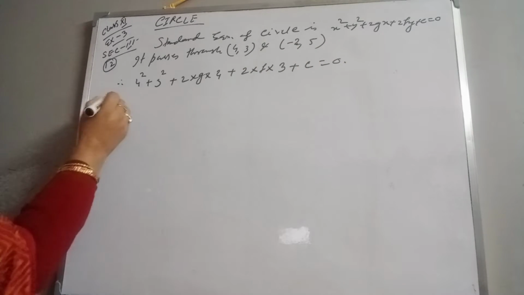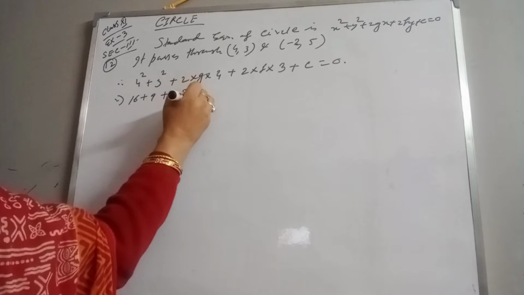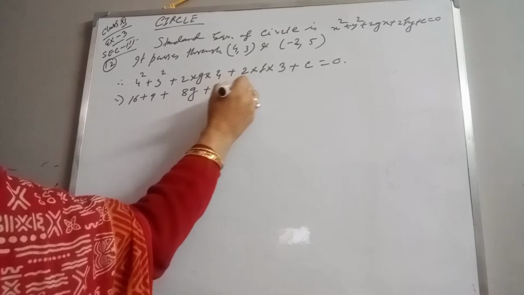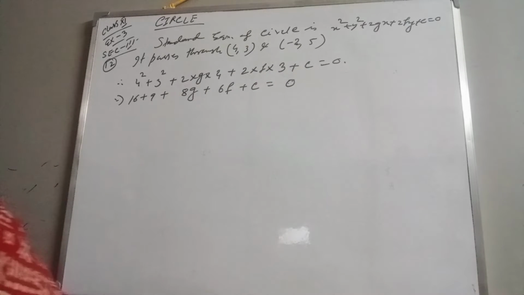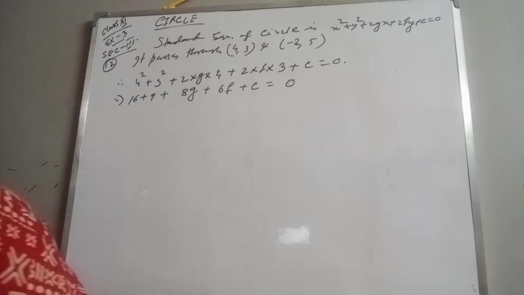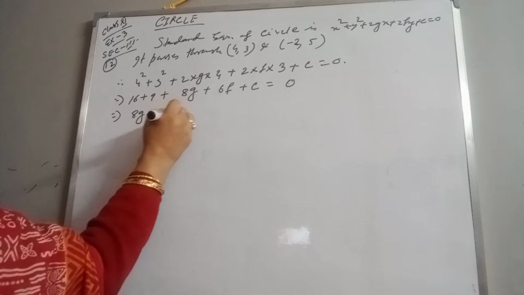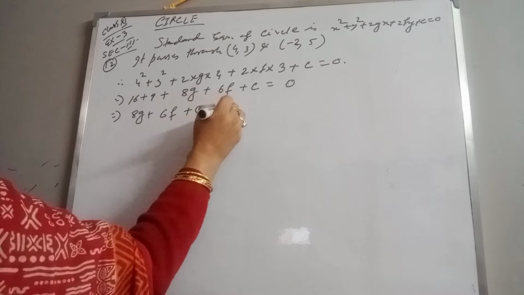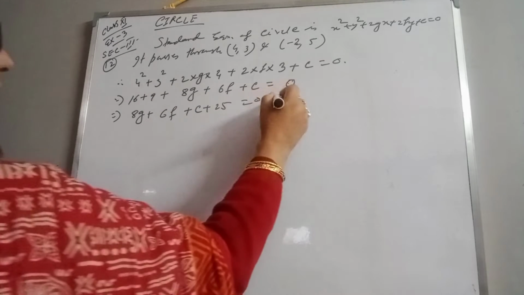So we get 8g plus 6f plus c plus 25 is equal to 0. Make it equation number 1.